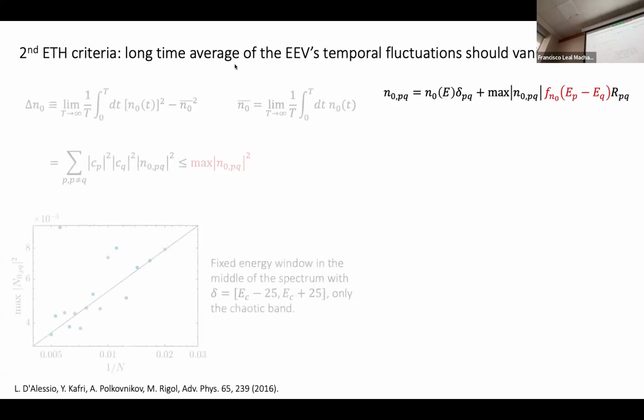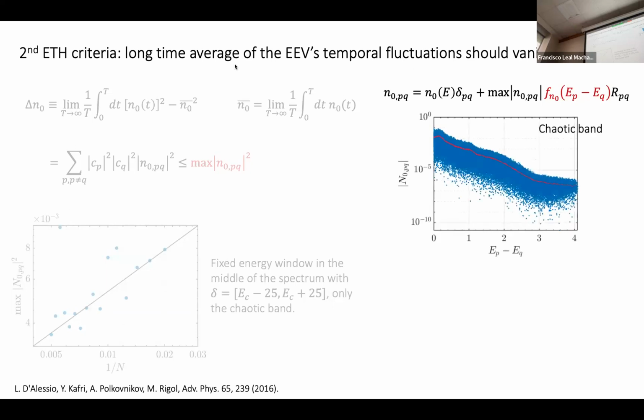But the second part of the second criteria is how the off-diagonal elements are changing with the energy differences that you see here, E_q minus E_p over E_q minus E_p. Specifically, it says that this should be a smooth function. And when we look at the chaotic states, we indeed see that the states are accumulating around a line.